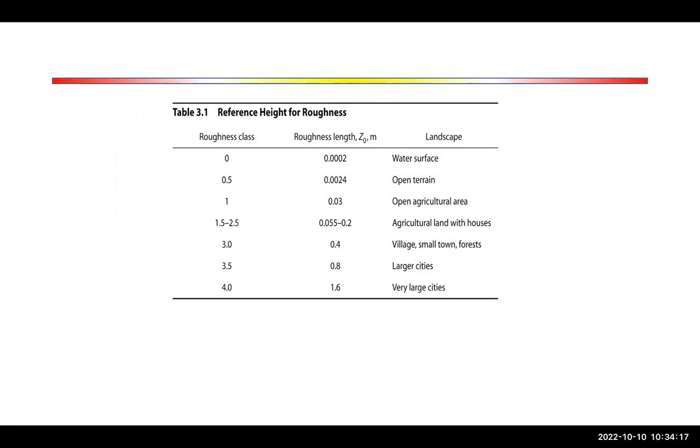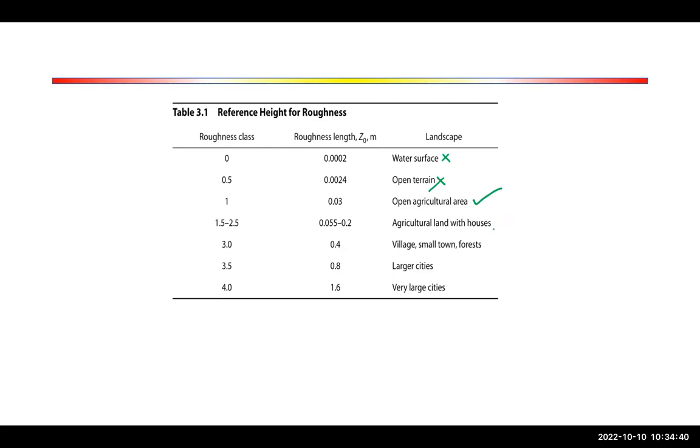Table 3.1. We are not working with open surface. We are not working with open terrain. Are we working with open agricultural area or agricultural land with houses? Maybe this one because there is no information about the house or anything.